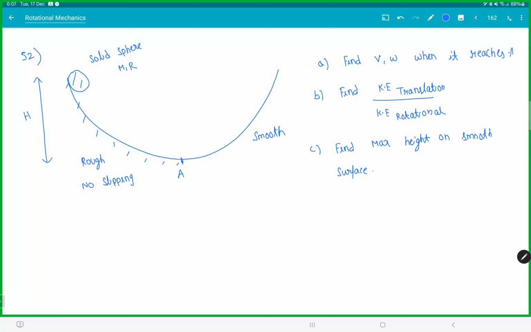Root 2 gh, seriously? When you leave the body without any rolling, you will get root 2 gh. Now it is rolling also.